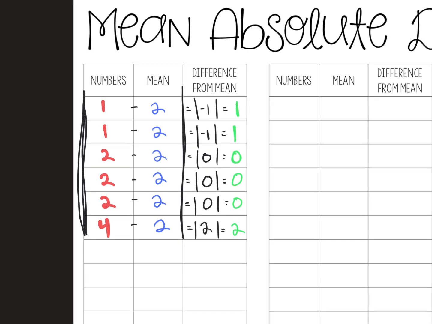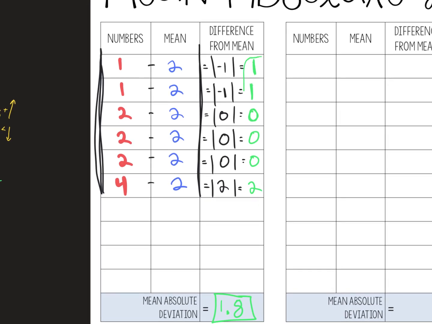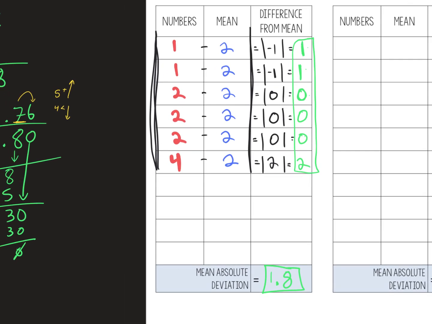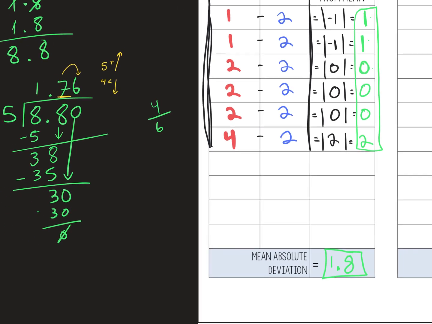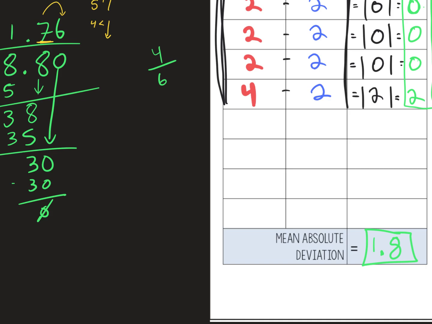And now I add all of these up. Since I have 1, 2, 3, 4, 5, 6 terms, and I add these up, I would get 4 over 6. So in this case, I have 4 inside, 6 on the outside.